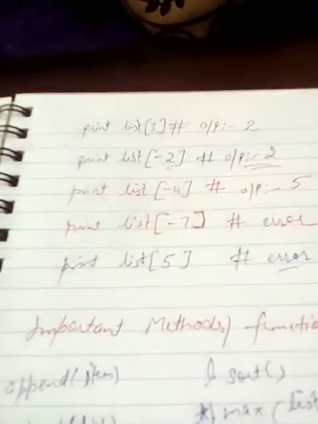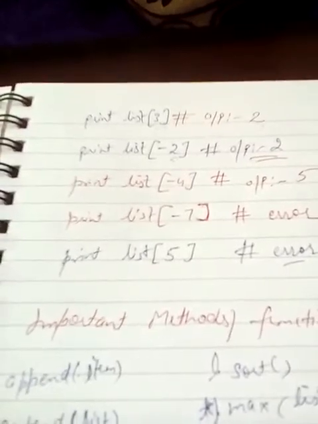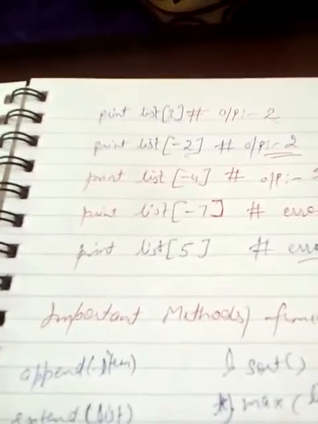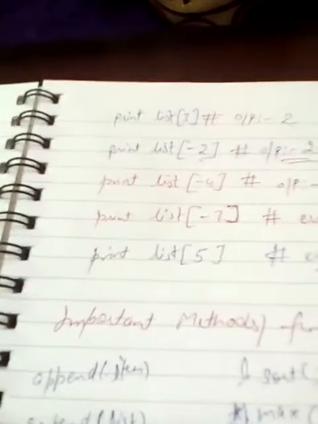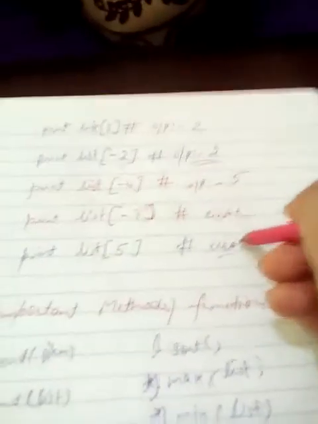Same as in positive indexing, we have only 0 to 4 indexing, and if we pass 5 here, because we have 5 elements and the indexing starts from 0 to 4, there is no element at index 5, so it will produce an error again.